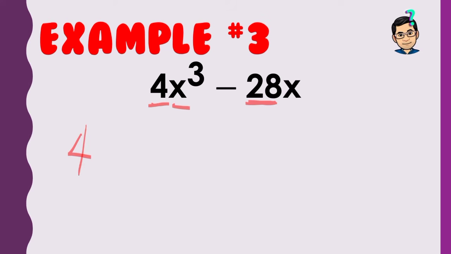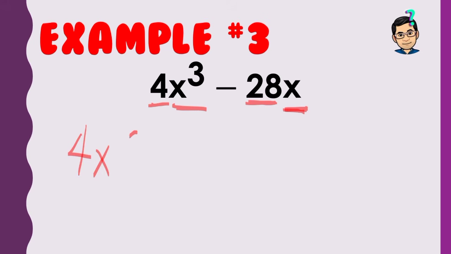What about x cubed and x? The greatest common monomial factor is only x. Kasi, ang exponent lang kasi ng x na to is 1. Hindi pwedeng maging 3. So, therefore, the greatest common monomial factor of 4x cubed minus 28x is 4x.